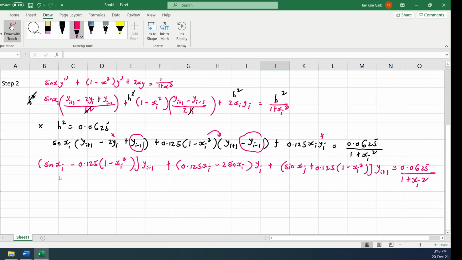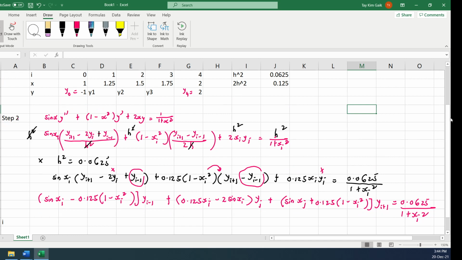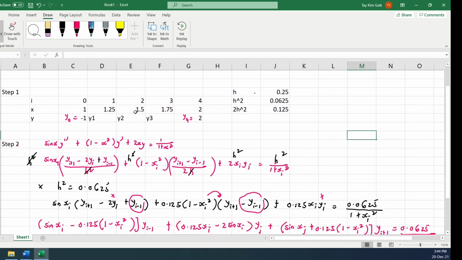Now, closing here, for the step in Excel you are going to solve y1, y2, y3.